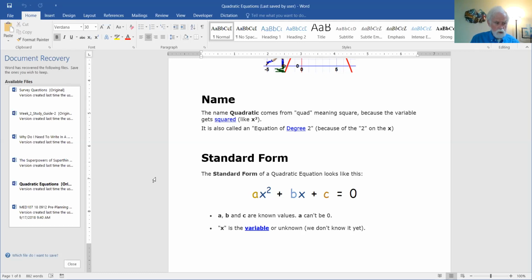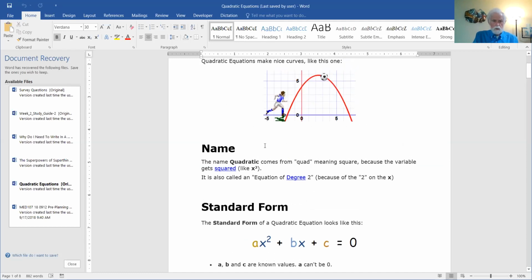And you know that if you solve a problem in business and you come out with the square root of a negative number, you know you did something wrong. Either the data's wrong or you made a mistake in the calculation somewhere. So there's something to consider.